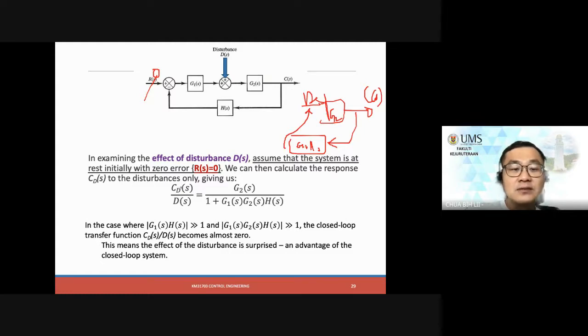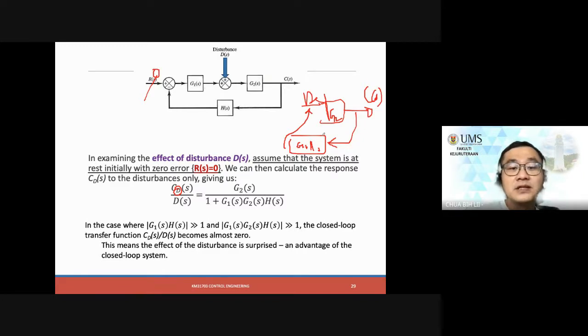We denote that with a D because we would like to know that this output is due mainly to the effect of the disturbance only, right? So we put C_D equals to the G at the upper side, divided by 1 plus, since this is a negative input over here, minus over here, right?